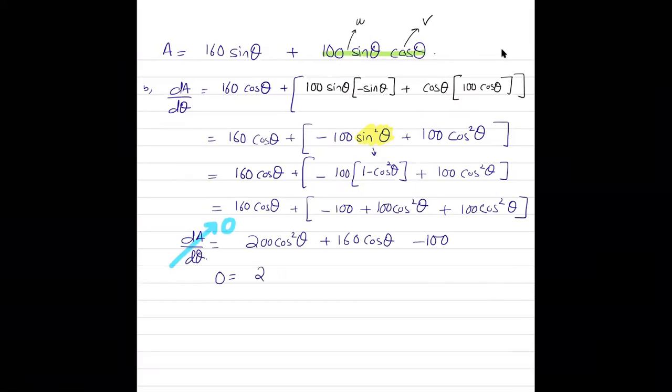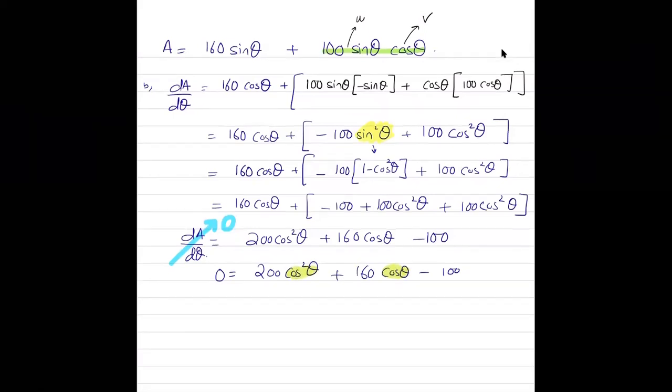Now understand this, that you have a disguised quadratic equation with you. What do I mean by disguised quadratic equation? This equation can be converted into a quadratic equation if you just realize that cos theta can be replaced with some variable, let's say y.